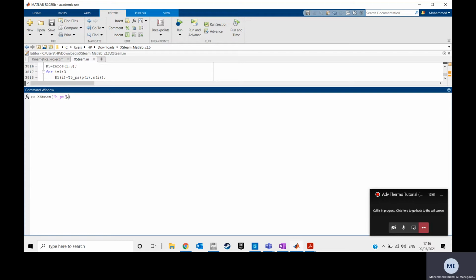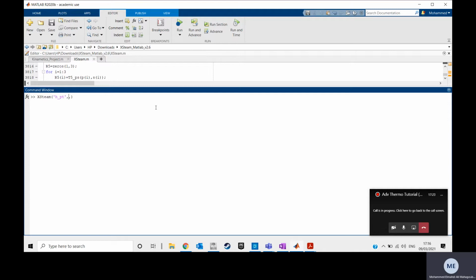After those two things, they should be put in between quotes, and then we need to put the pressure, which in this code should be in bar.